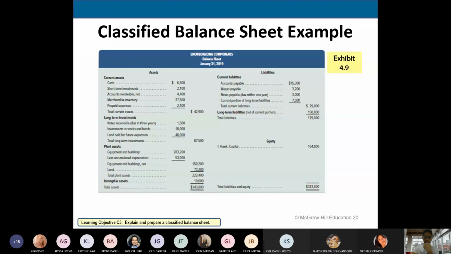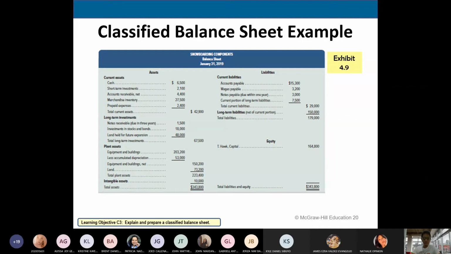Ayan, sinasabi ko kanina, no? Cash. Short term means within 12 months, makukulit mo yung investments mo. Pag sinabing long term, these items are expected to be collected or to be paid for a period of more than 1 year or longer than the company's operating cycle.